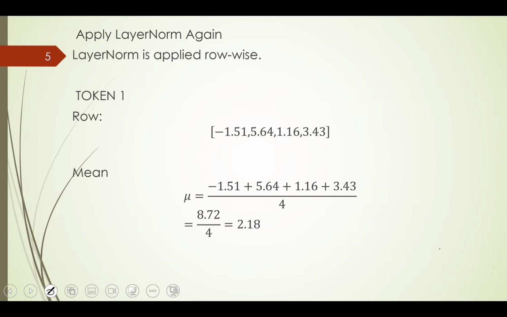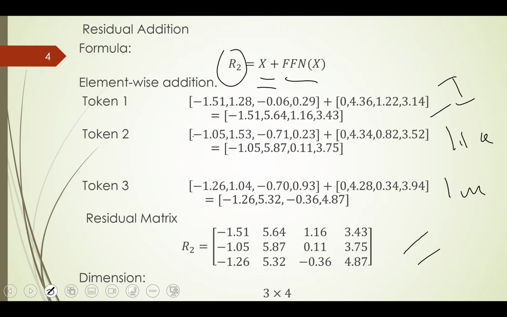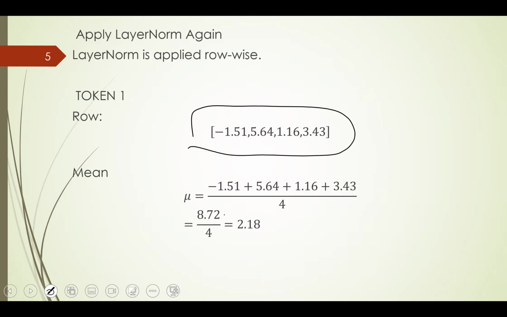Then the first token, which represents I, will be normalized. Normalization is done by summing up all the features, which are four dimensions, and dividing by four, and we get mu, 2.18.